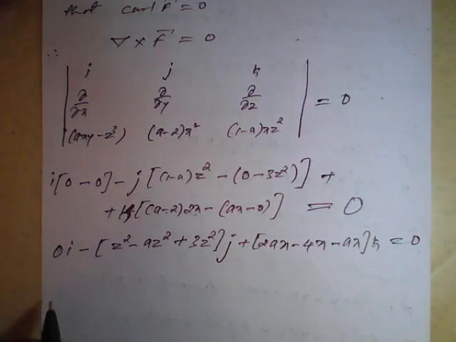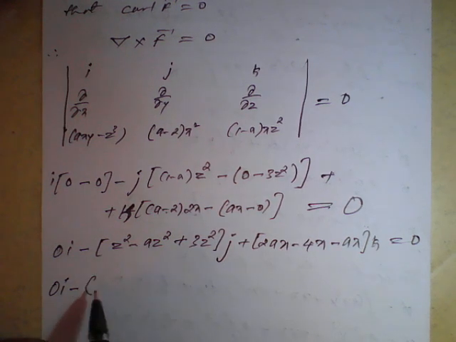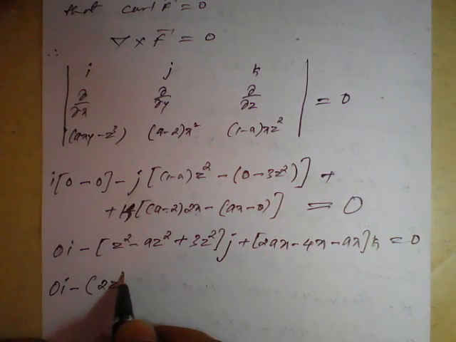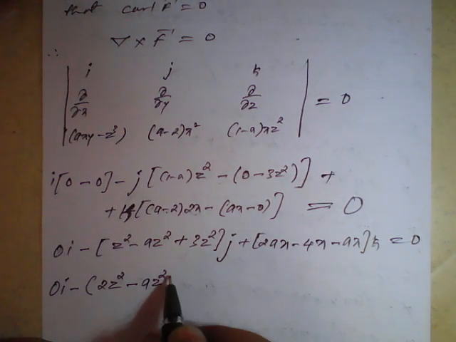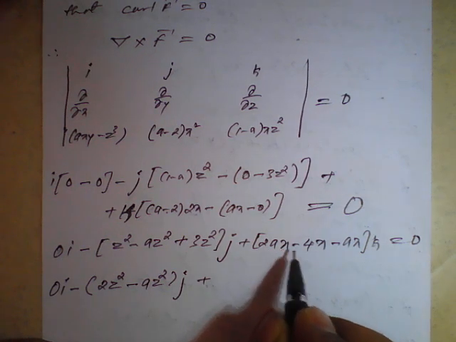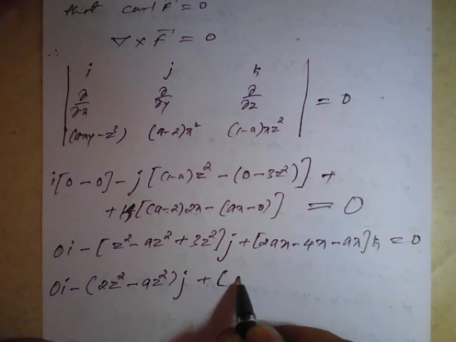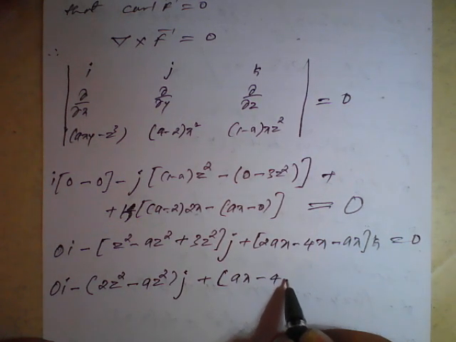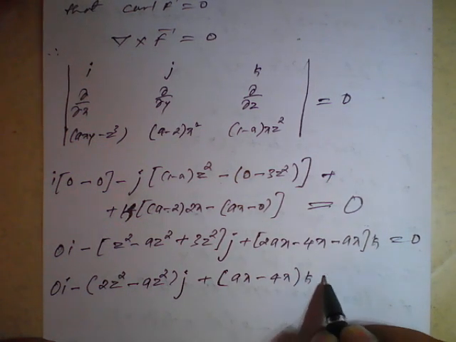So on simplification: 0I minus, z square plus 3z square will become 2z square minus az square as it is of j, plus, 2ax minus ax will become ax minus 4x of k, equal to 0.